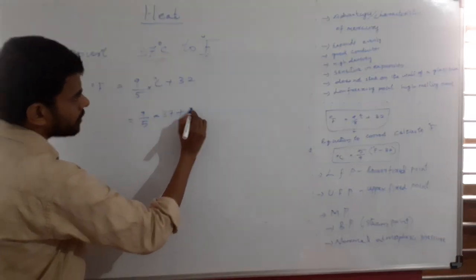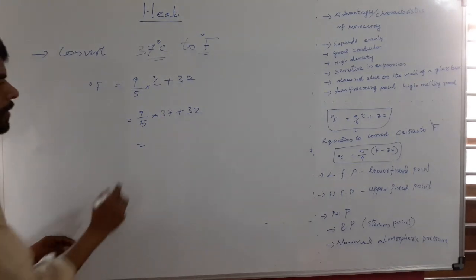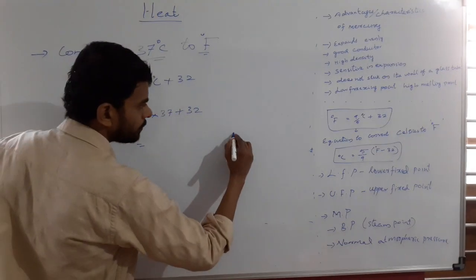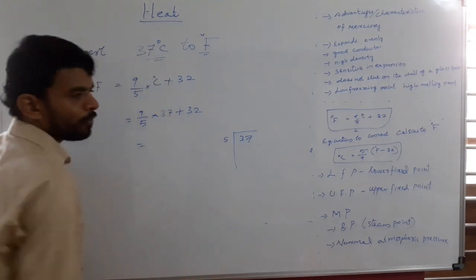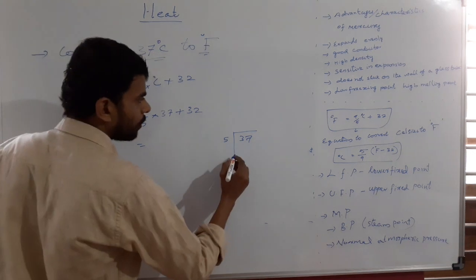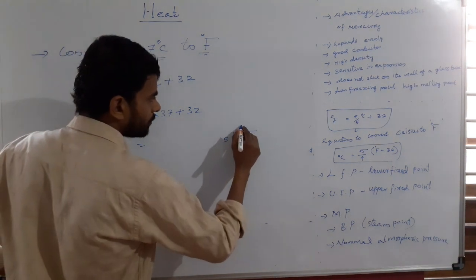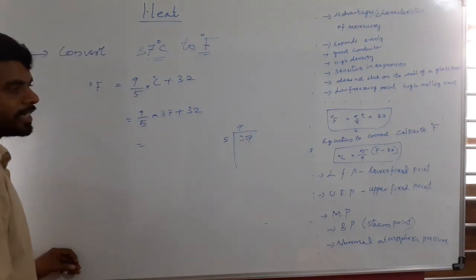So 37 divided by 5. In 35, how many times will it go? It will go 7 times, right? 7 into 5 is 35.